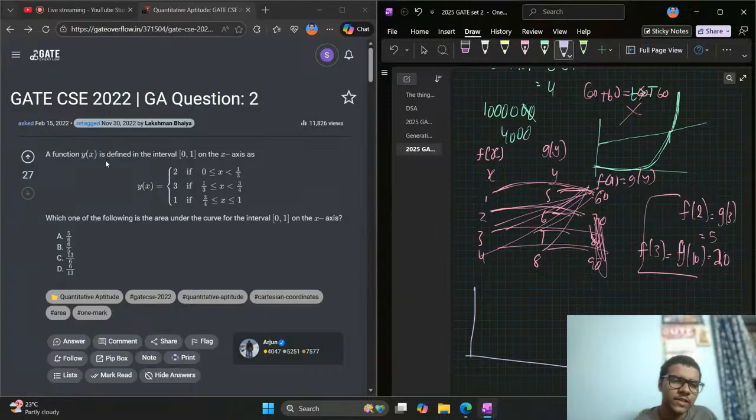Y of x, interval 0 to 1. Y of x is alright, 1, 2, 3. It is a constant value, so you don't need to smooth it out.